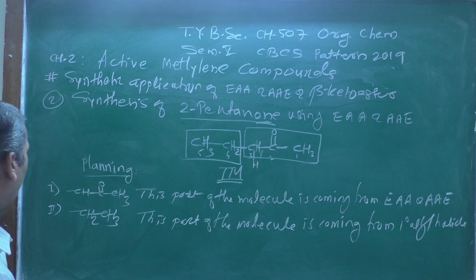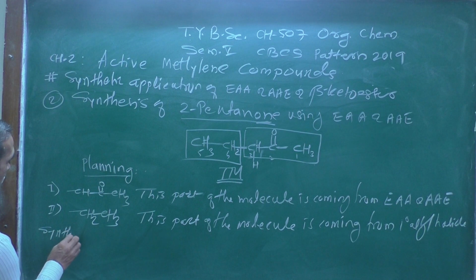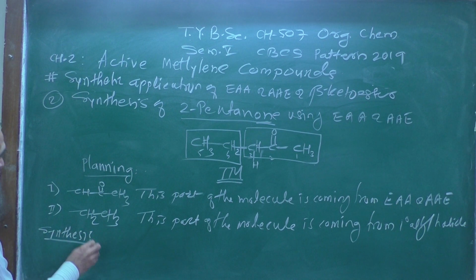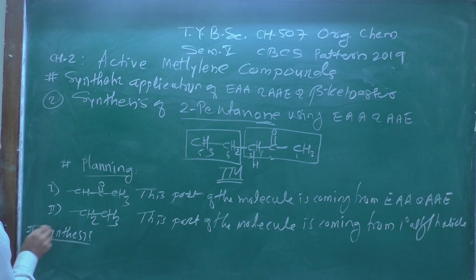So likewise, but here these two points are required. Now is the synthesis. Next point is the synthesis. First we planned here, now the second point will be the synthesis.